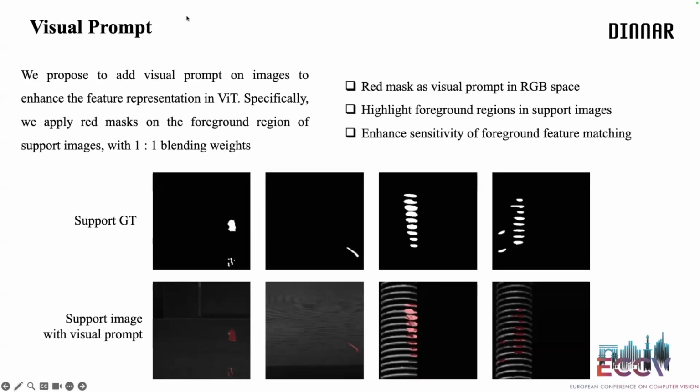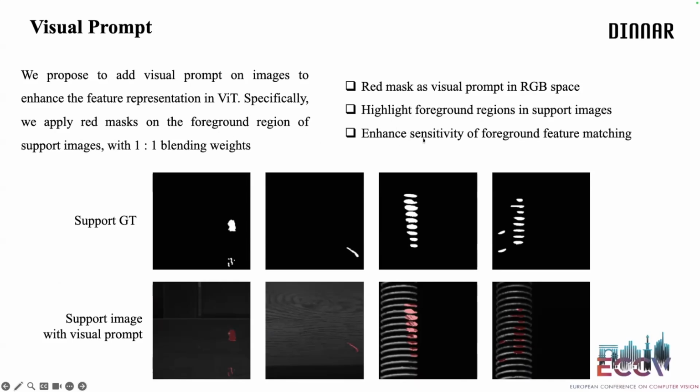And also, we will use a technique called visual prompt. We propose to add a visual prompt on images to enhance the feature representation in ViT. Specifically, we will apply red masks on the foreground region of the support images.